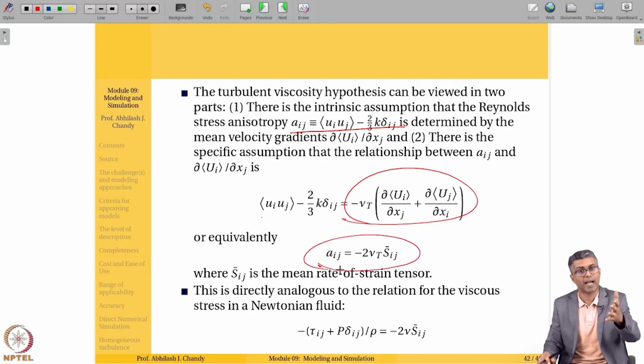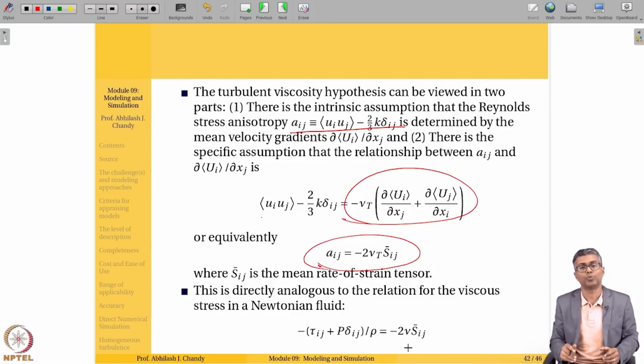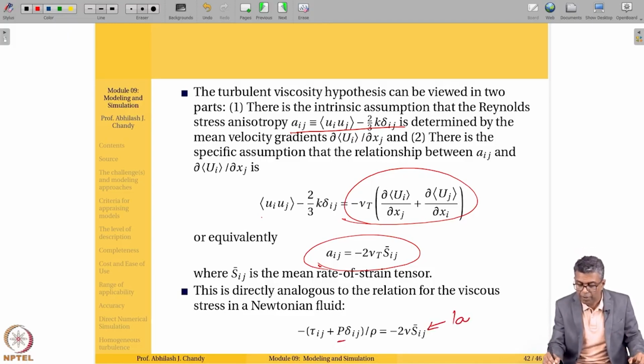As I was explaining multiple times earlier, this is directly analogous to the fact that your Newtonian stress is proportional to the strain rate, right? Tau ij plus P delta ij divided by rho, this is basically pressure, is 2 nu Sij bar, and this is applicable to laminar flows.